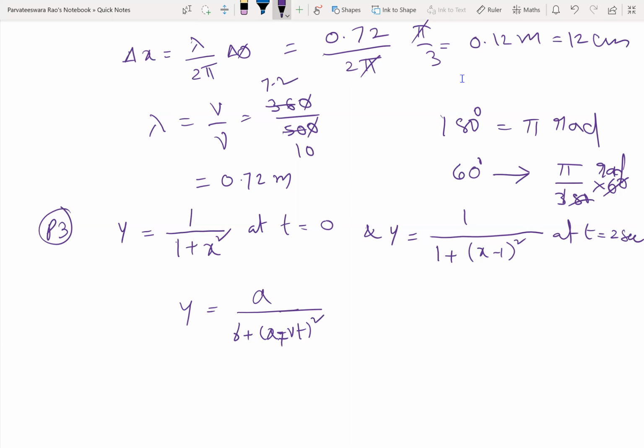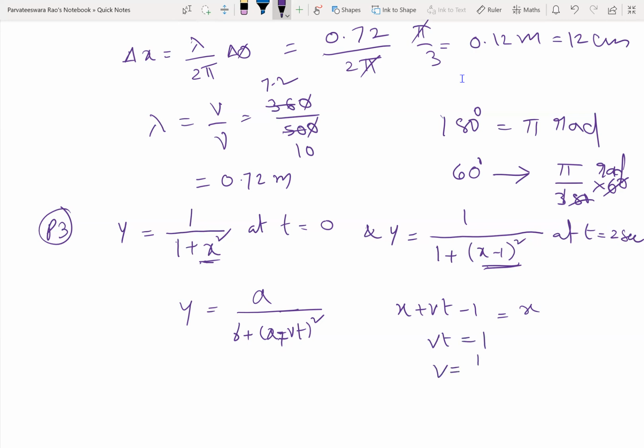If you compare the given two equations, x minus vt is compared with x minus 1, so vt is equal to 1.